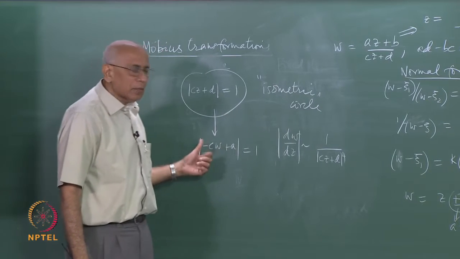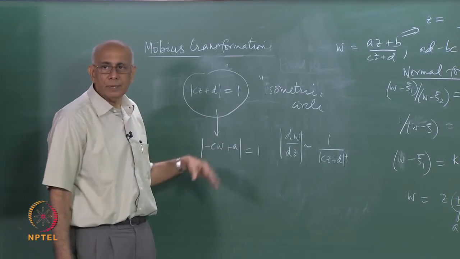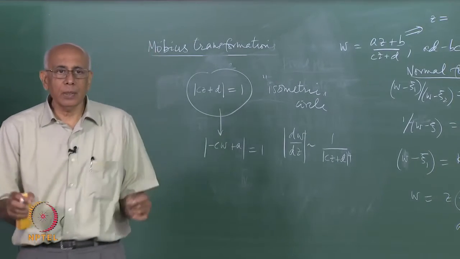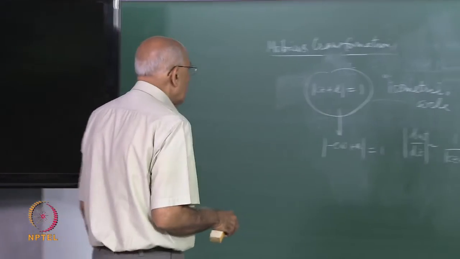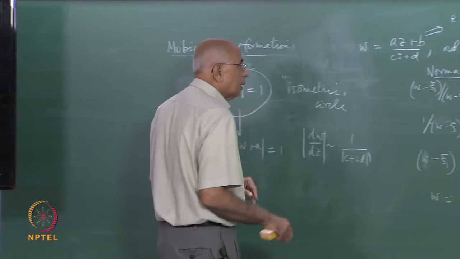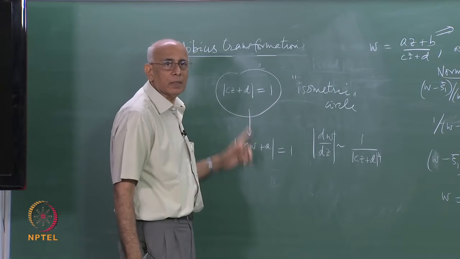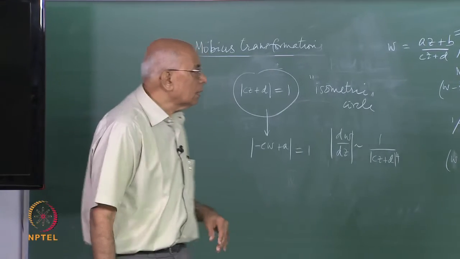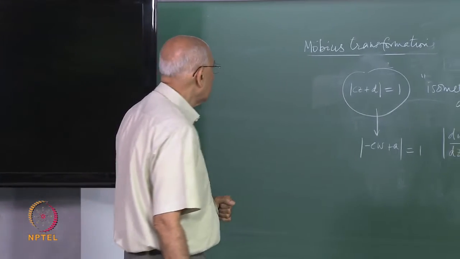So the inside of this circle is mapped onto the exterior of this circle and vice versa. Okay. But on this circle lengths do not change, they do not stretch at all, they remain unchanged. And a lot of further information about Möbius transformations makes use of this isometric circle. We are not going to do very much more with it, but I will try to give some exercises based on this thing.